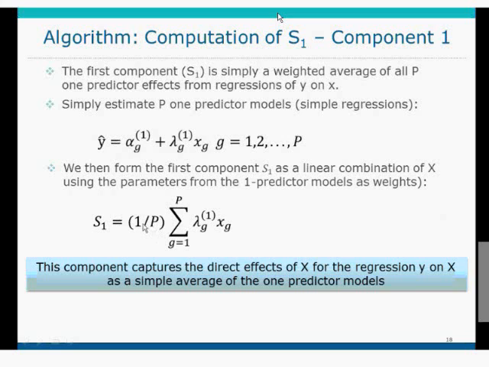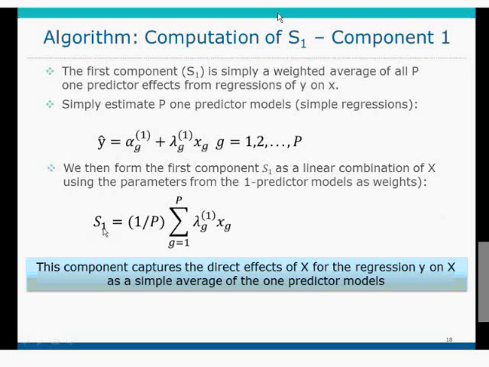Or we could divide it by the total number of predictors. It really doesn't matter, as I'll show you shortly. We can define the loading as either lambda G1 or lambda G1 divided by P. Okay, so then the component is just the sum of those loadings times the predictors.